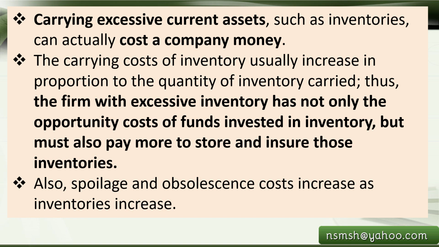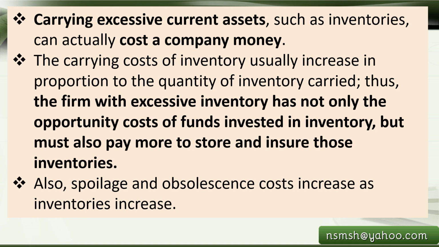Carrying excessive current assets such as inventory can actually cost a company money, because if you want to keep more stock, keep cash idle, or keep more cash equivalent securities even at a low rate of return, it can cost a company money. The carrying cost of inventory usually increases in proportion to the quantity of inventory carried. So the more we carry, the more the carrying cost of inventory will be.